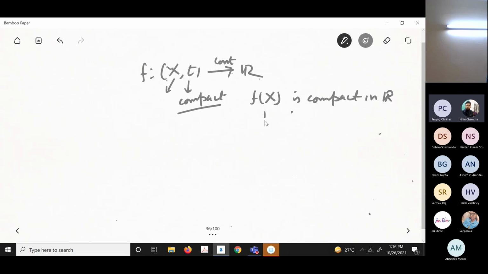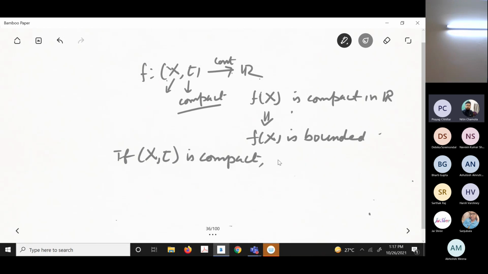So particularly f(X) is bounded. That means if your domain is compact, if (X, tau) is compact, then every continuous function is bounded. So you are getting that CB(X) is the same as C(X). But already I have proved CB(X) with D is a complete metric space. So in this case C(X), D will be a complete metric space if X is compact.